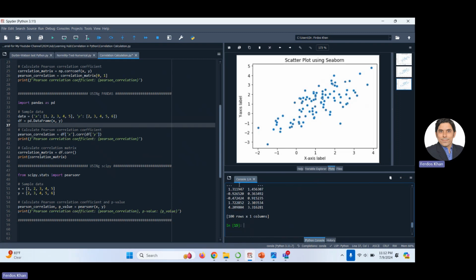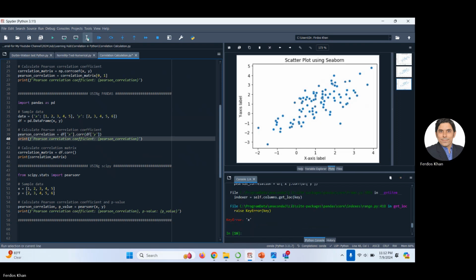There are no labels on the top, but let's see. I think there is a problem with this. Yes, there is a problem.